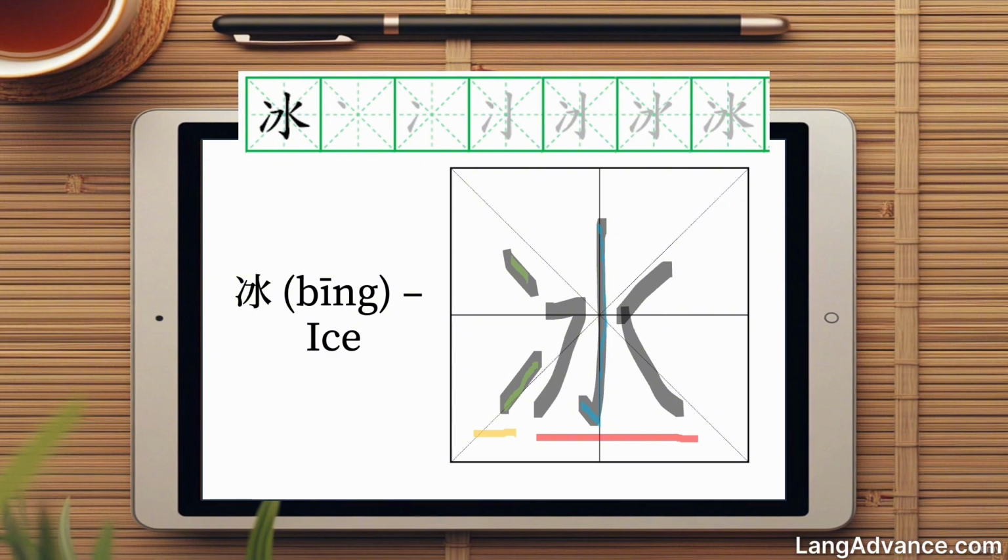Then you start off with your left hand side and your right hand side. Cool. Now let's see how do you write that again. Your verticals, middle, left, and right.